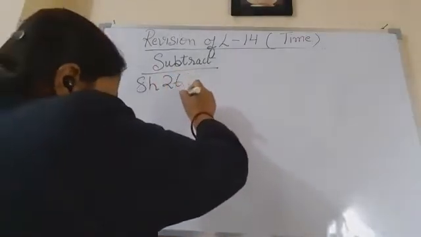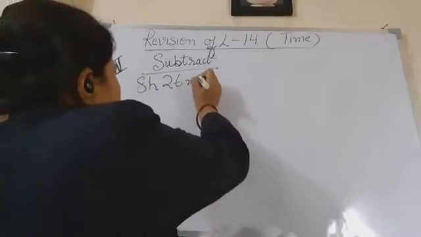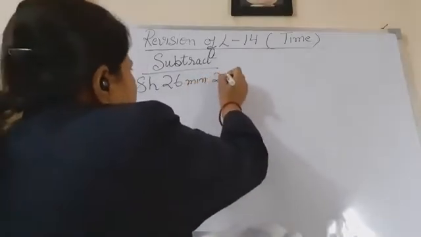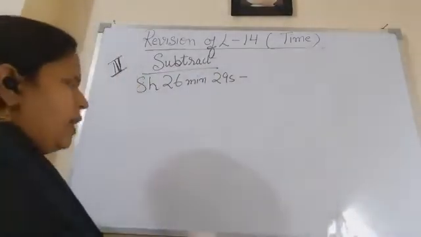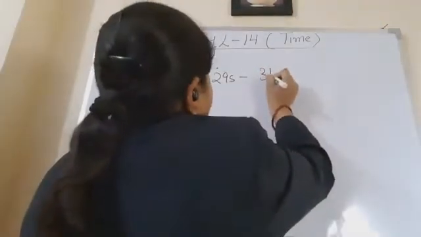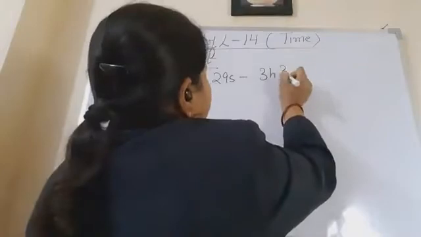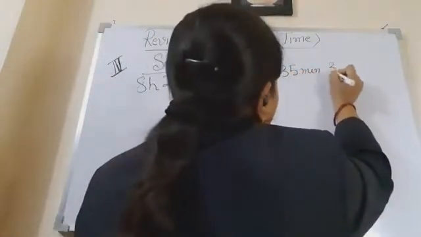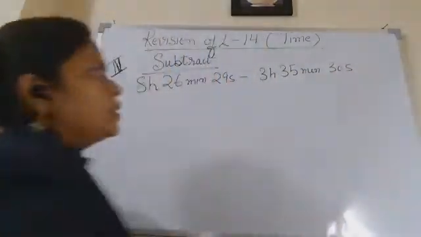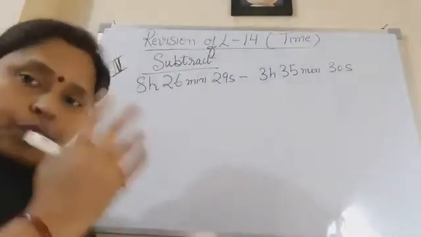We have to subtract 3 hours, 35 minutes, 30 seconds from 8 hours, 26 minutes, 29 seconds. So again we are going to make 3 columns.